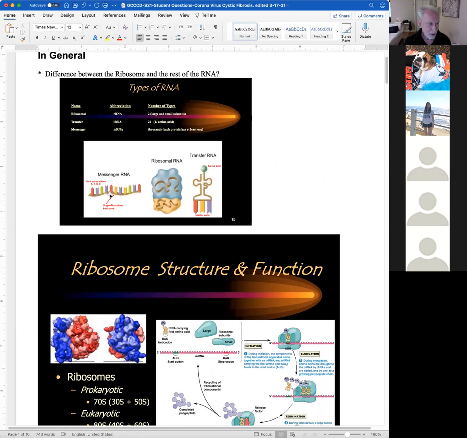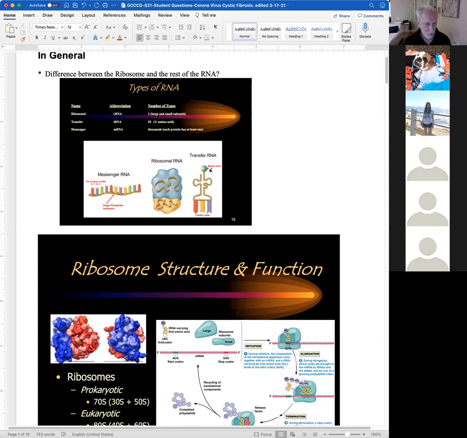The messenger RNA, shown here as a little strip. The ribosomal RNA, shown here as two subunits, large and small. And the transfer RNA, which is the one that transfers each amino acid to the growing peptide chain.